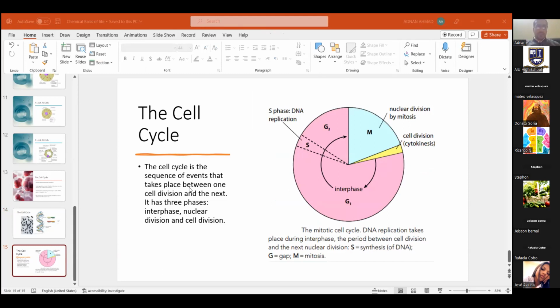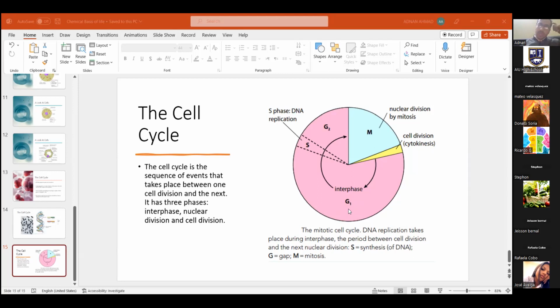The first stage is the G1 phase. You can see G1 written inside this circle. What happens in G1? When a cell is born, it grows. It starts producing proteins and enzymes. Enzymes are molecules that speed up a chemical reaction.